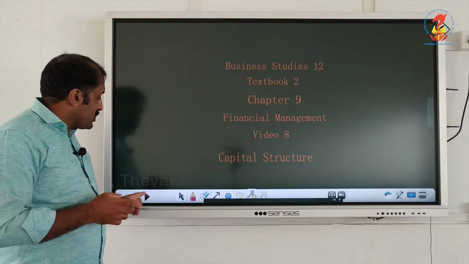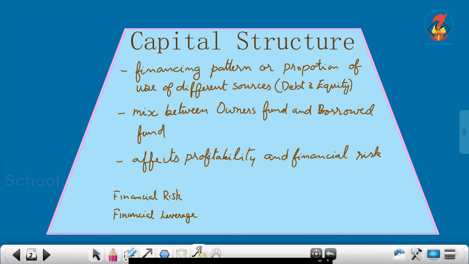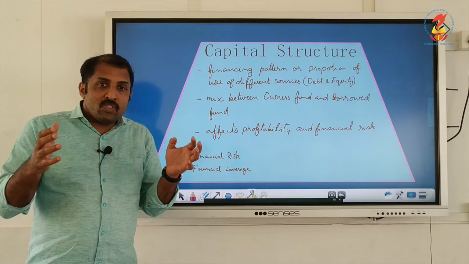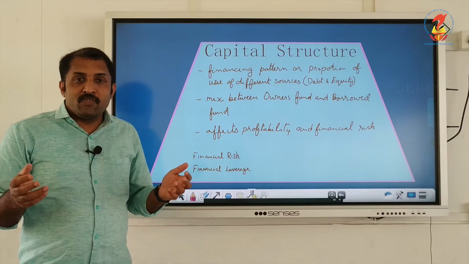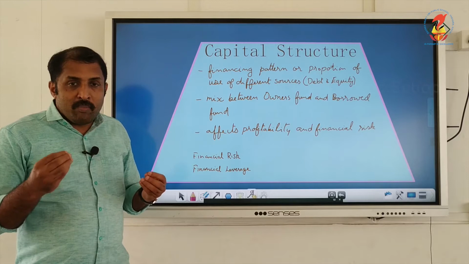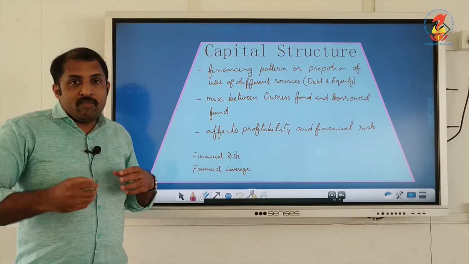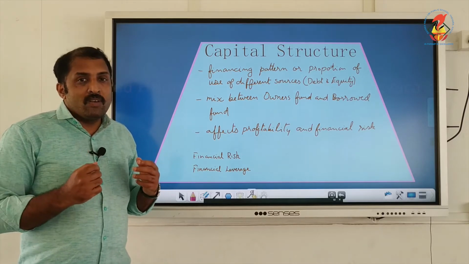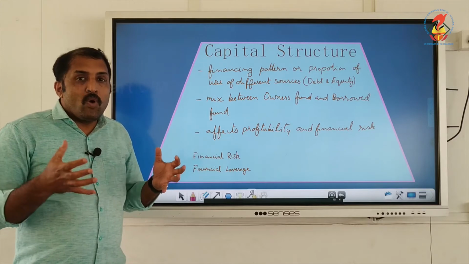Now what is capital structure? Capital structure is the financing pattern or proportion of use of different sources in the total capital. Basically, the sources from which we are raising finance for an organization are debt and equity. Either we borrow from someone or it is from the owners.